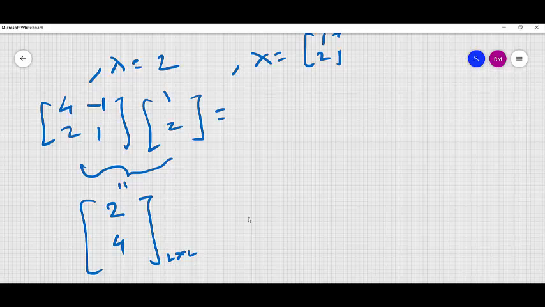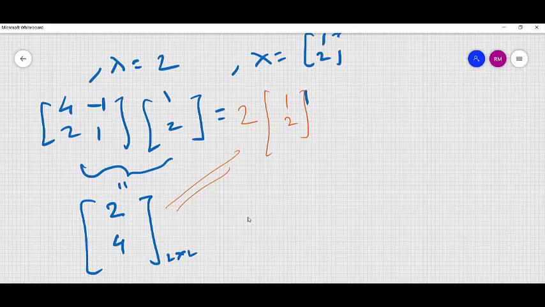And this can be written as 2 into [1, 2], because it can be written like this.